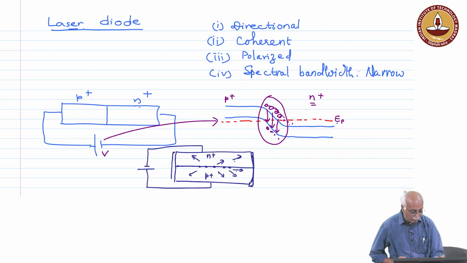over here with the mirror. So this is nothing but the reflector, a high reflector with partially transmitting, very small amount is getting transmitted.